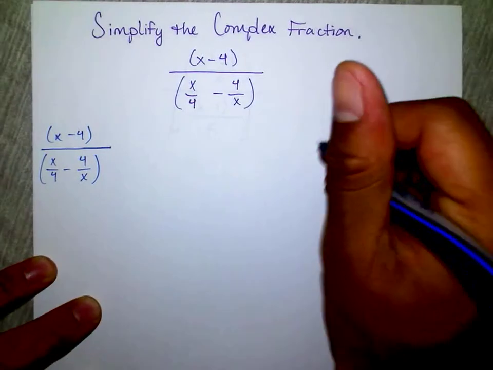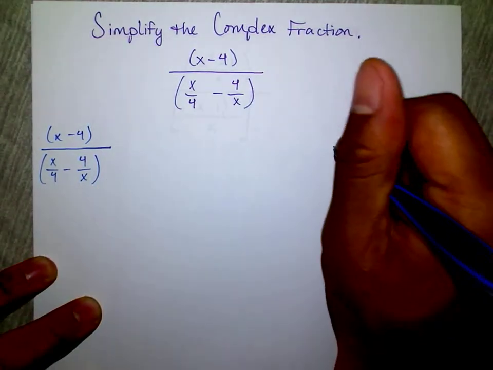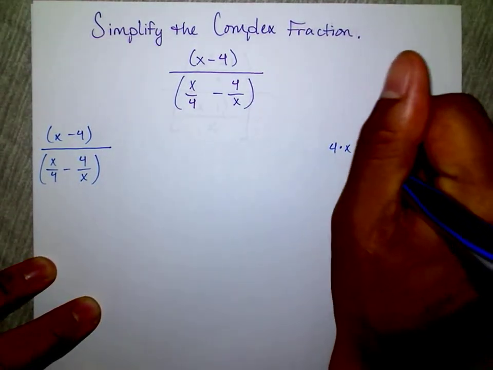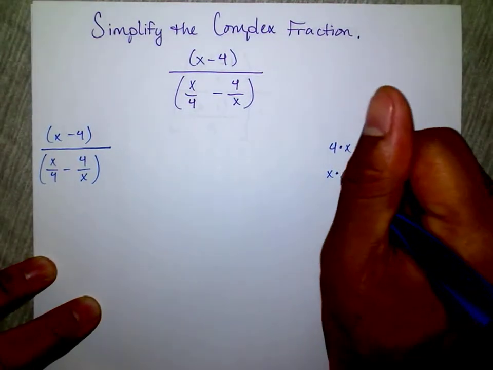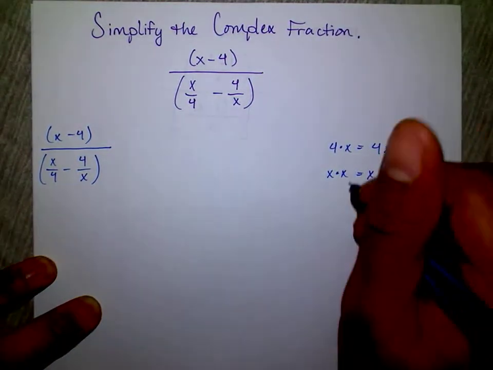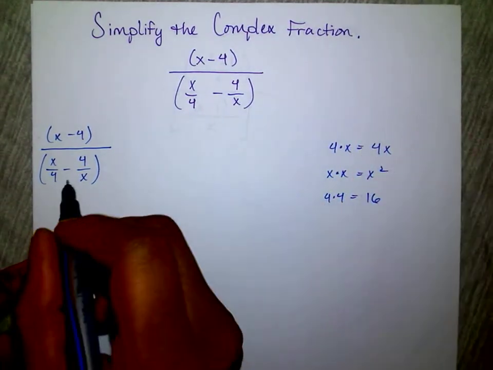I'm going to come over on my side. All I'm going to do here is really cross multiply. So that's going to be 4 times x, which is going to give me 4x, and then I'm going to do x times x, which is going to give me x squared, and then I'm going to do 4 times 4, which is going to give me 16.